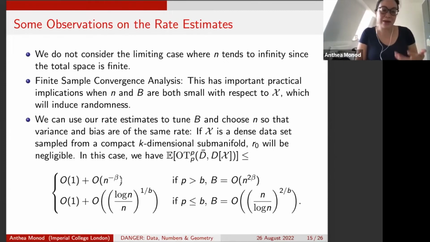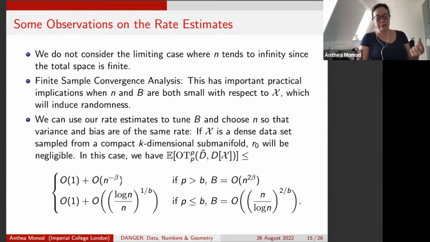The fact that we have this finite sample convergence analysis has important implications when n and b are both small, right? So when we want to take only a small number of subsamples and we want each of these subsamples to be small, and this is in our interest because it makes the computation of persistent homology less expensive, which was the whole problem in our case of looking at persistent homology for a very big data set, right?